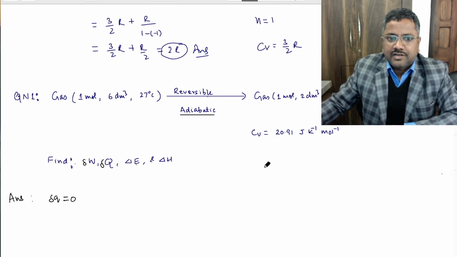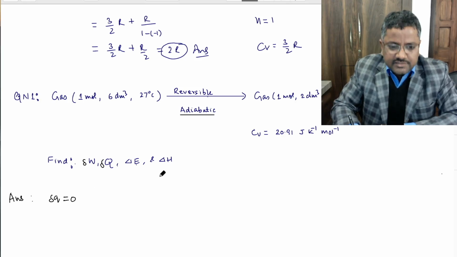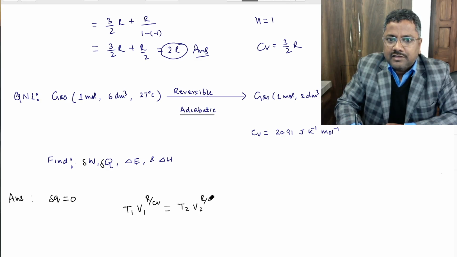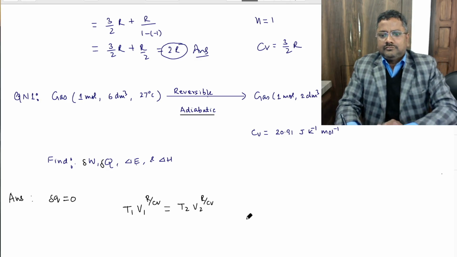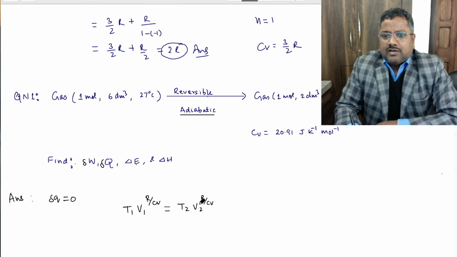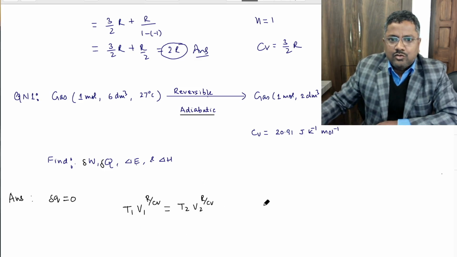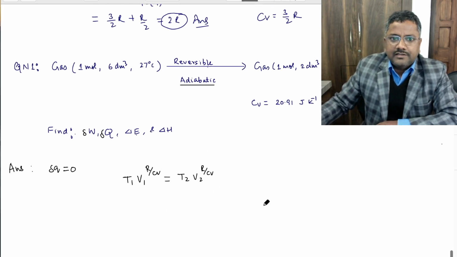This process is reversible, so we have the formula T1 V1 to the power R by CV is equal to T2 V2 to the power R by CV. This formula we have already derived. You can see it in your notebook, definitely this is written.